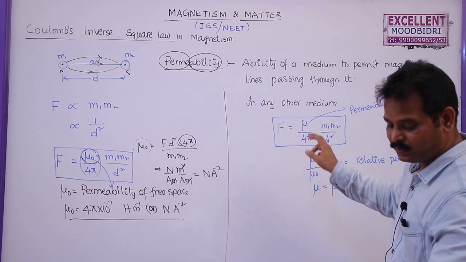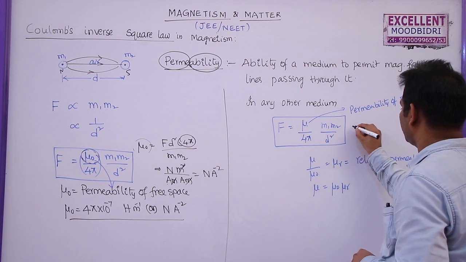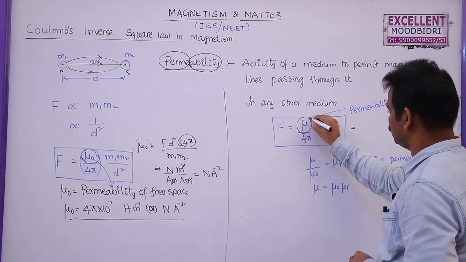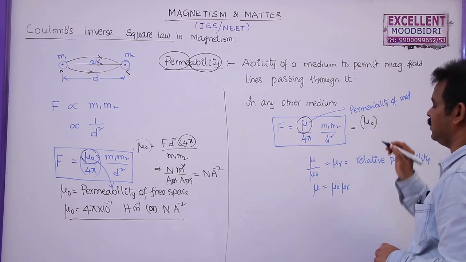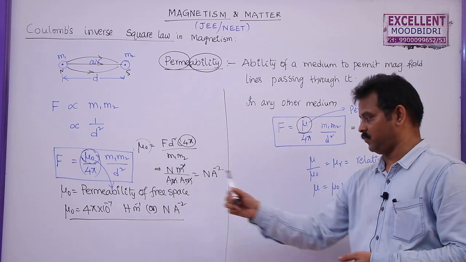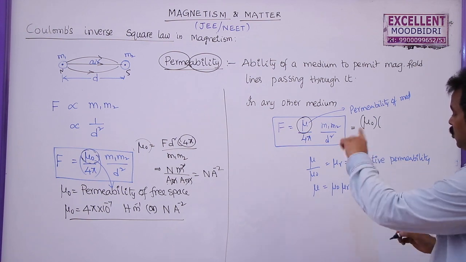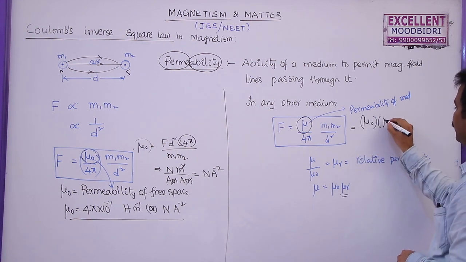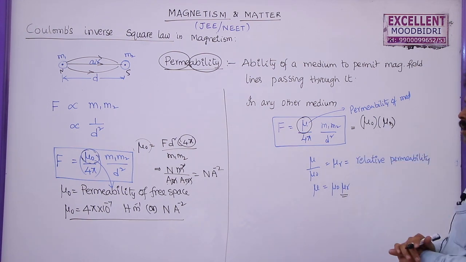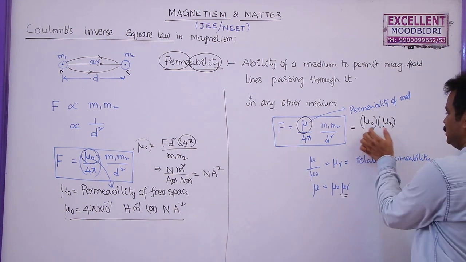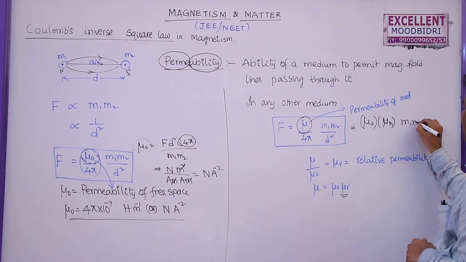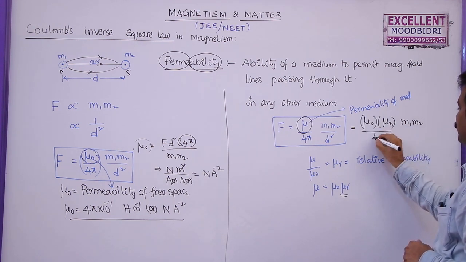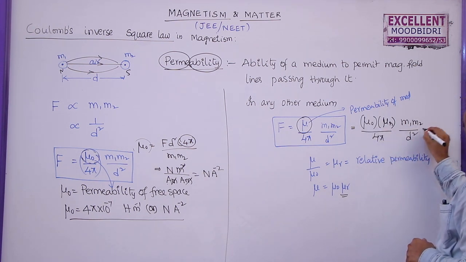So the same expression can also be written as F, if you don't know this value, then you write the permeability of free space, that is 4 pi into 10⁻⁷, into the relative permeability of that medium. Every medium will have a particular relative permeability. Multiply this with the permeability of air, then you will get the permeability of that particular medium, by 4 pi by d square.